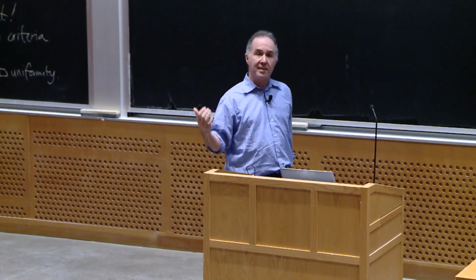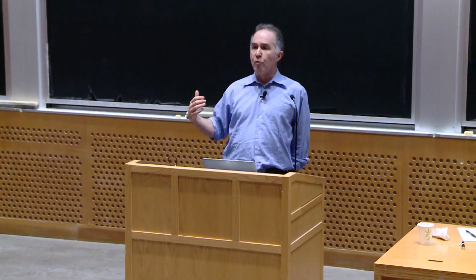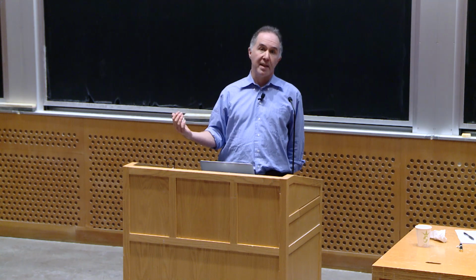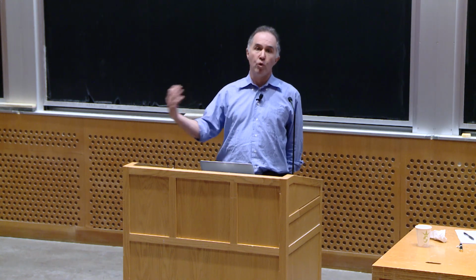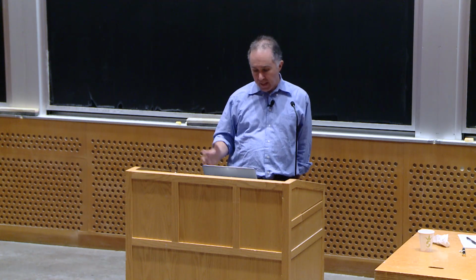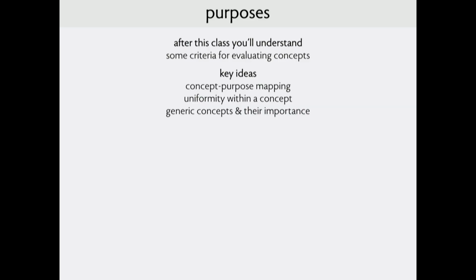So these heuristics, like concepts themselves, are really an attempt to capture the kind of experience and wisdom that great designers have, and to give you a shortcut to obtaining that skill yourself. And the key ideas are the mapping between concepts and purposes. And there's going to be a funny little surprise there. There's one part of that which is going to be very counterintuitive, but I'm going to try and persuade you is actually right.